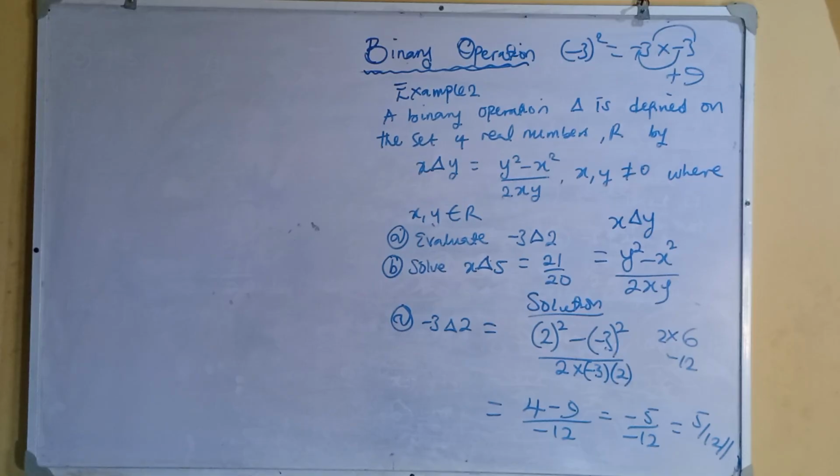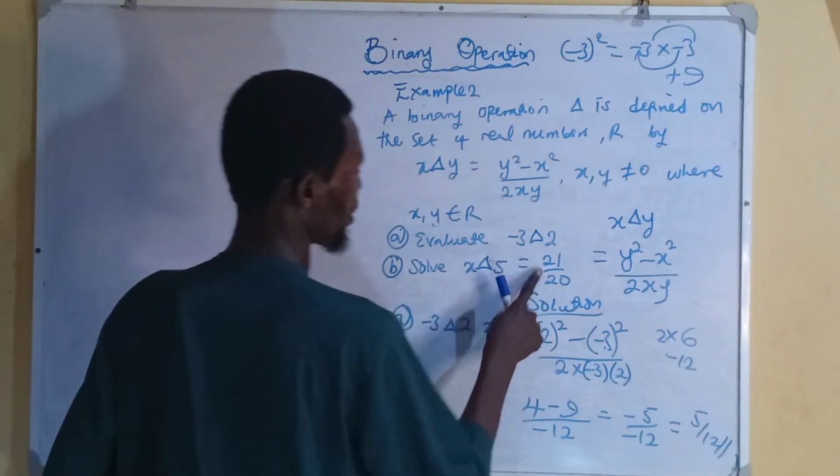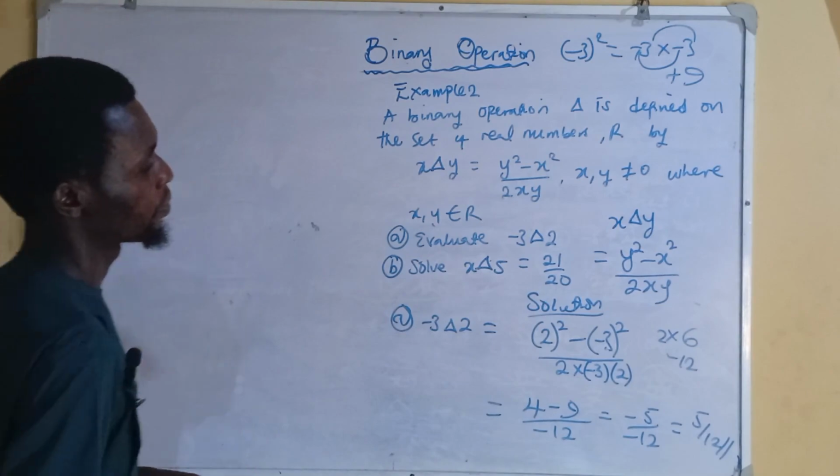So let's move to the next one. It says solve for x, given that x is combined with 5 to yield 21 over 20.